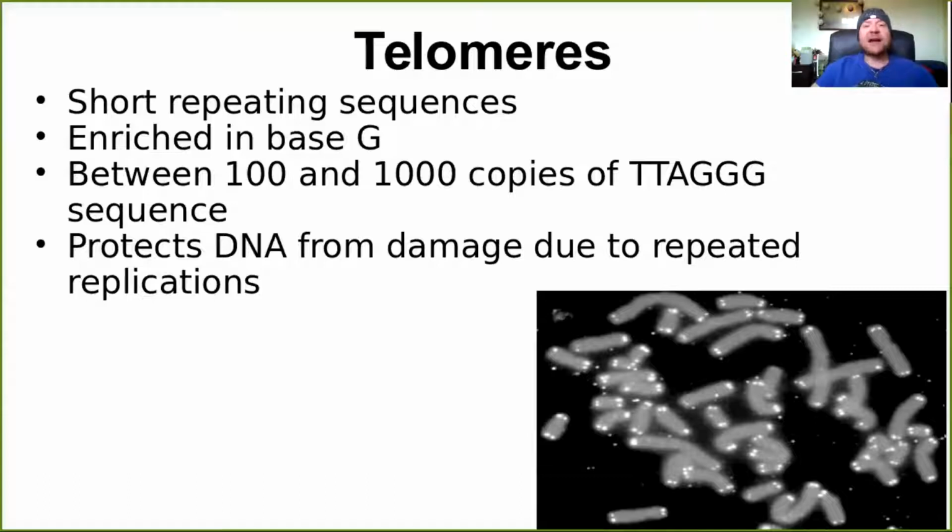It acts like a pad, so think about a shoelace. Shoelaces have the bit of plastic at the end that protects the shoelace from fraying, from becoming damaged. And the telomeres at the end of our chromosomes also protect our chromosomes from damage. Now, these telomeres wear out over time. As we age, they get shorter and shorter. Eventually, they wear out completely or close to completely. And when that happens, our DNA gets damaged. That's part of the reason why we age.